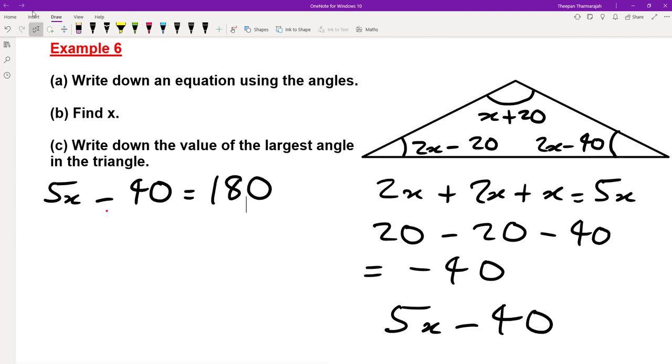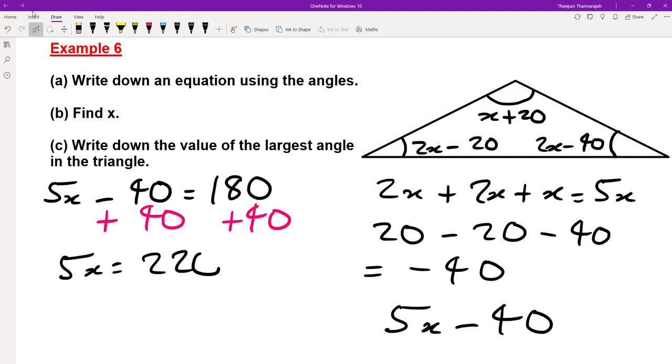And then we can add 40 on both sides. So that will give me 5x is equal to 220. And divide by 5. So we can do a short division here. So 5 divided into 220. Well, 5 goes into 22 4 times. 2 remainder, and then 5 goes into 20 4 times, so the answer is 44.